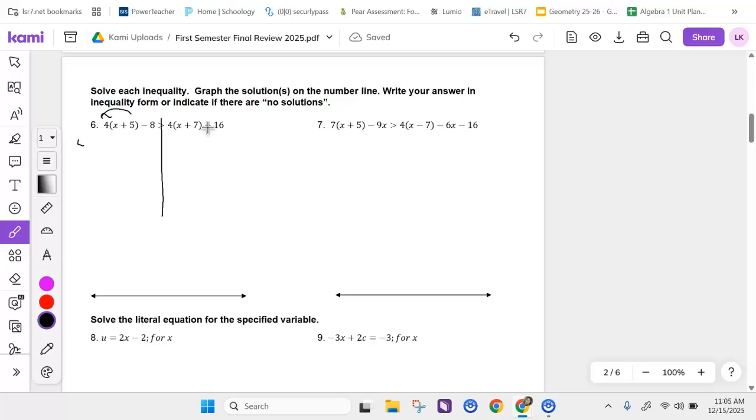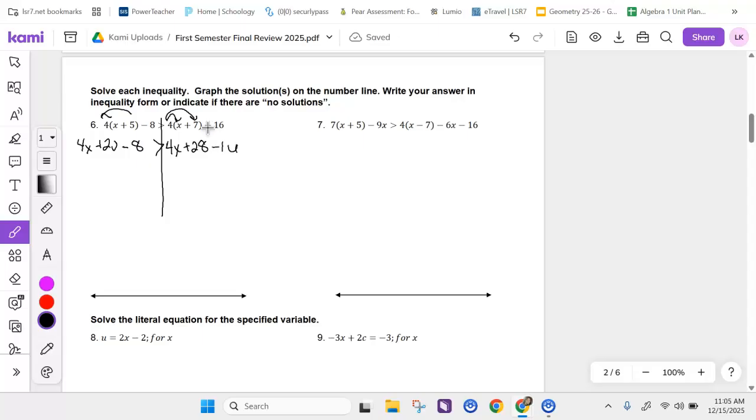4 times x is 4x. 4 times 5 is 20 minus 8 is greater than 4 times x is 4x. 4 times 7 is 28 minus 16.